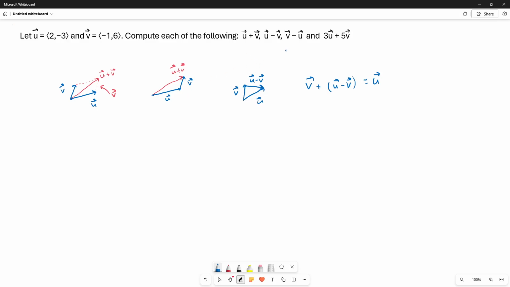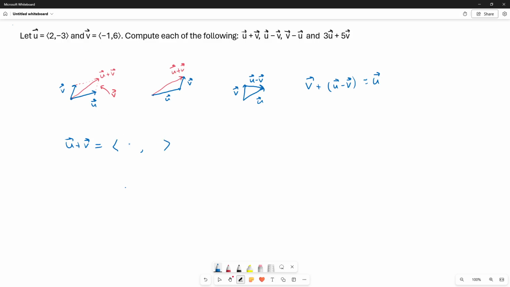But now we would like to do the actual computations based on the components of u and v. And that's pretty simple. To add two vectors, you just add the corresponding components. So u plus v, these are vectors in R2, so the result will be a vector in R2.